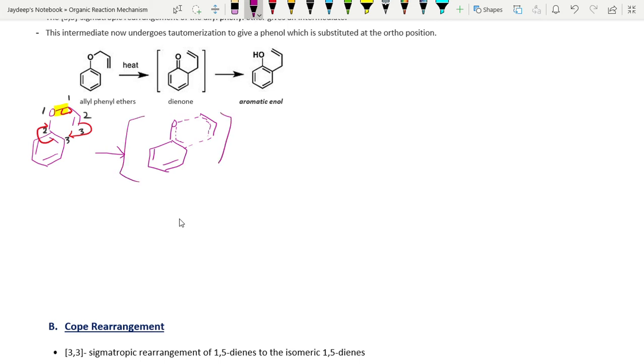So this is a six-membered transition state. When this transition state collapses into the product, it gives this dione, and this dione is going to be tautomerized like that.